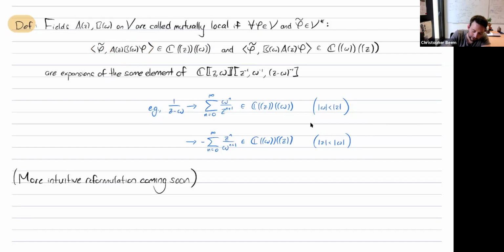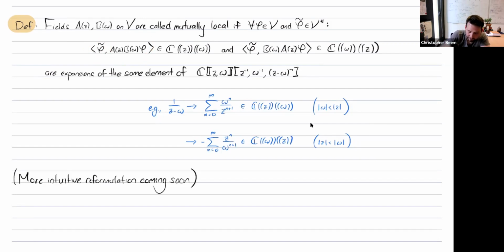So the thing that you get when you act this way is going to be something where you've got powers of Z and powers of W around. There's some boundedness conditions because of the field definition, that sufficiently negative powers are supposed to vanish.